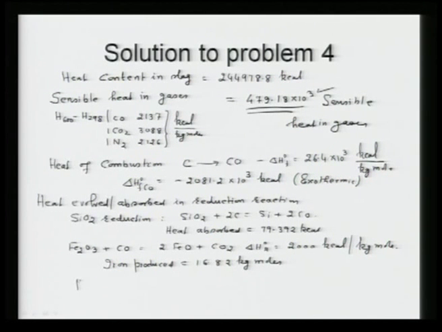Therefore, heat absorbed will be 16.82 divided by 2, because 2 moles of FeO, into 2000, because it is said that for 2000 kg of iron, that is equal to 16820 kilocalorie.